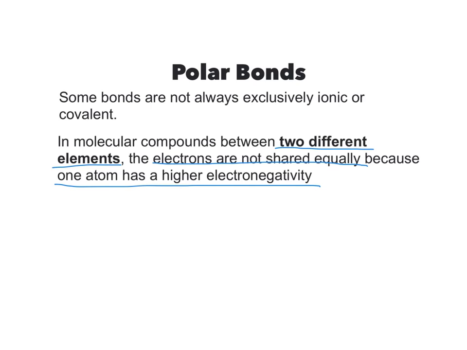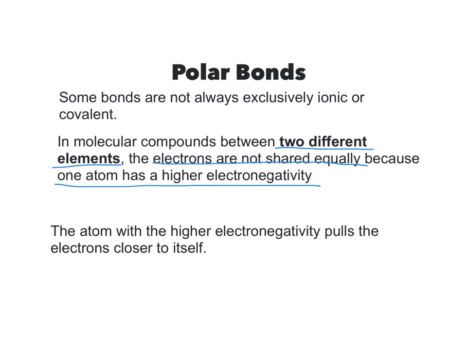So in this compound, one of the atoms has a stronger attraction to the electrons. So what happens is they actually spend more time, or they're pulled closer to the atom that has the higher electronegativity. So the atom with the higher electronegativity pulls the electrons closer to itself.